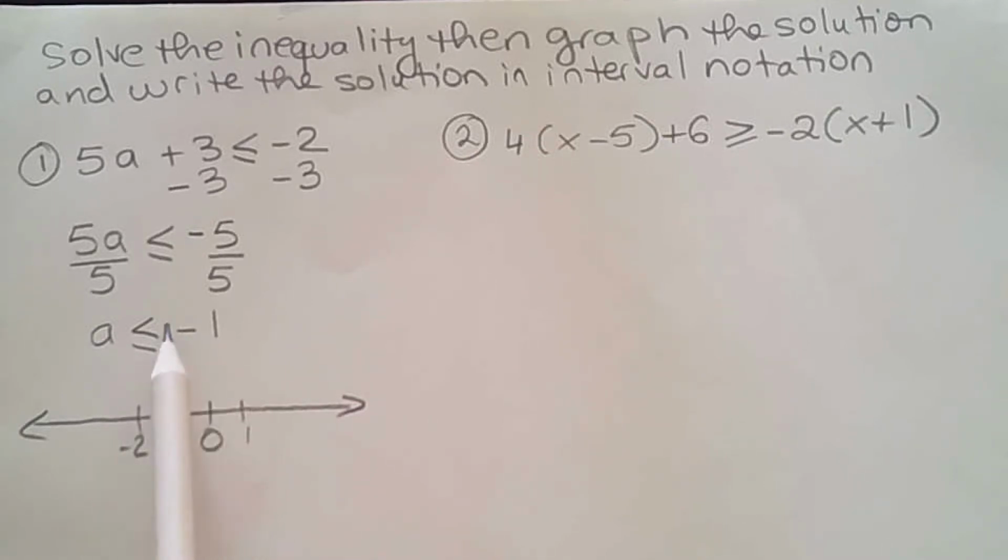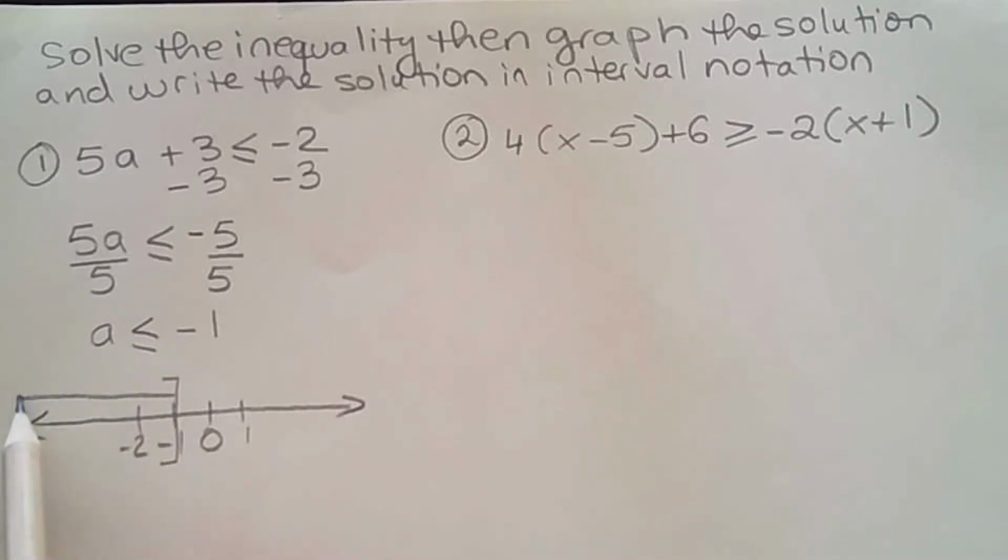And since the solution is less than or equal, the solution is anything to the left of -1 on the number line. So this is a graph of the solution from -1 and everything to the left of that.